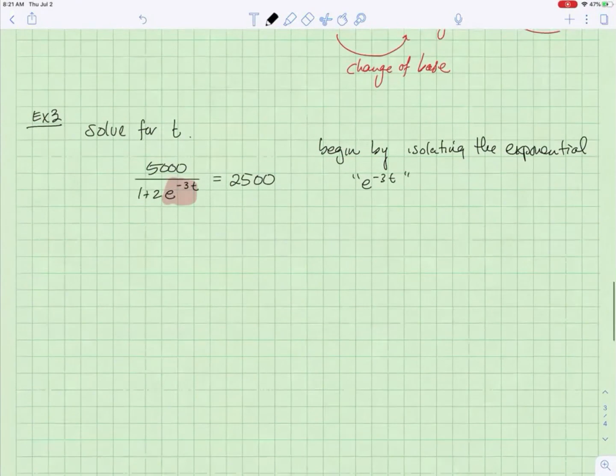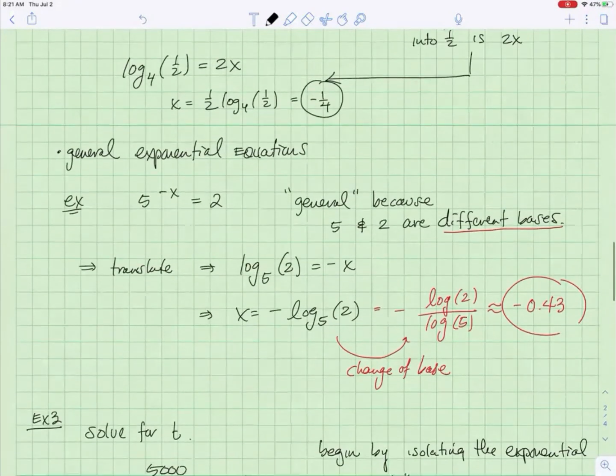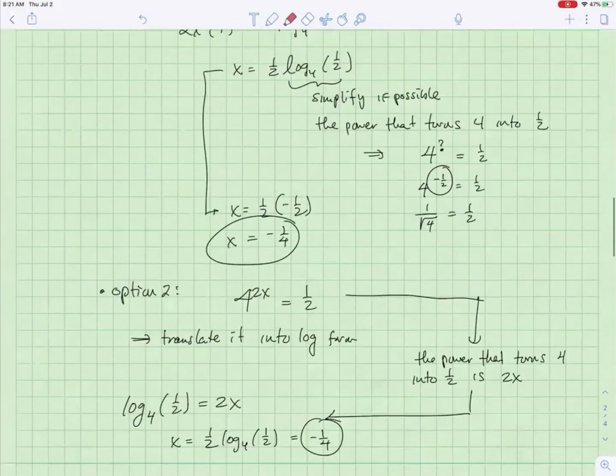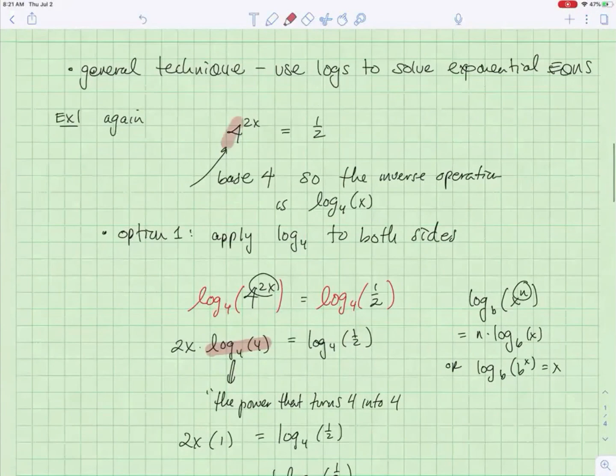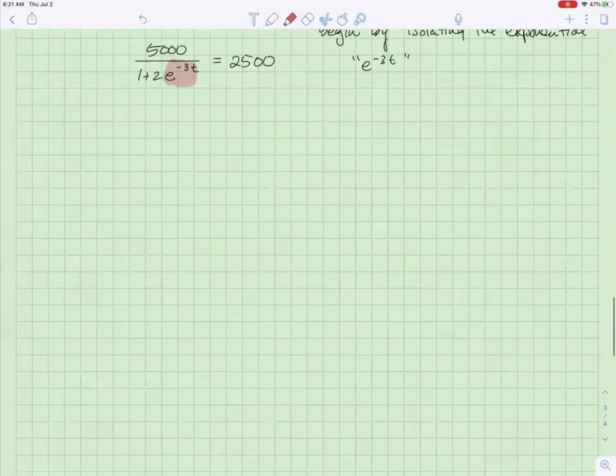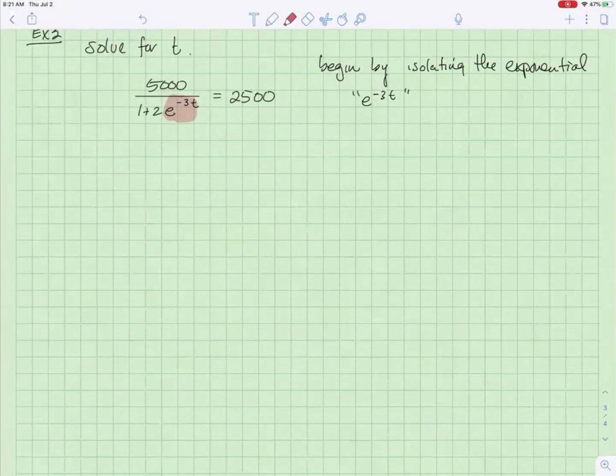As we can see, in our last example this was the exponential, and it was already isolated, as was in our first example, so there wasn't any extra algebra we had to do. So here, we're going to multiply both sides by the denominator.